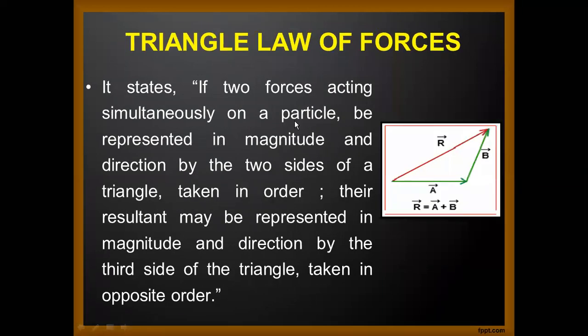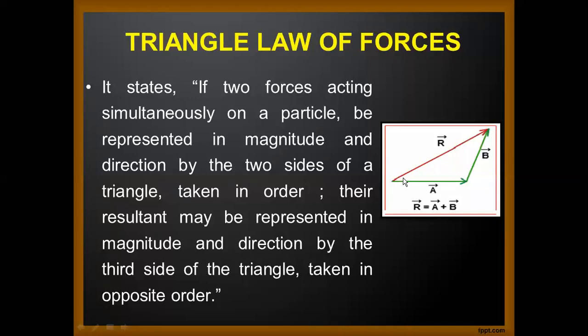Triangle law of force. What does the triangle law say? The same way as the parallelogram law, if two forces, the A vector and B vector, act simultaneously on a particle, the resultant can be represented by the third side of a triangle, that is, the closing side of the triangle. But here the resultant should be in the opposite direction.